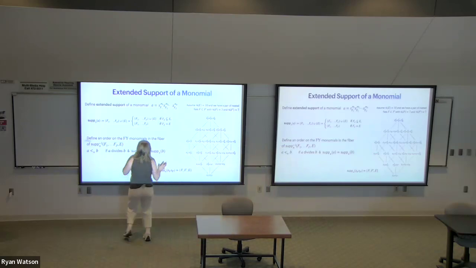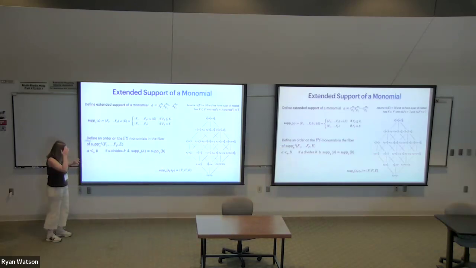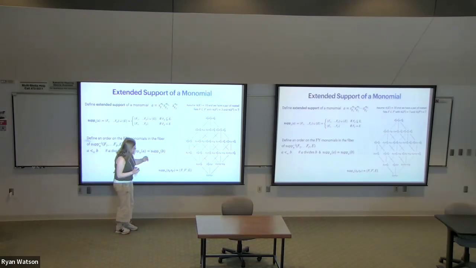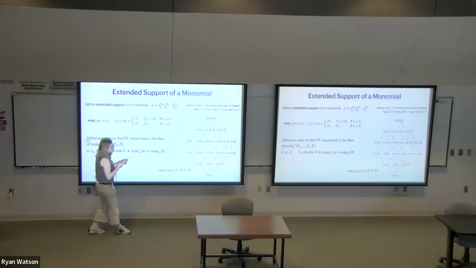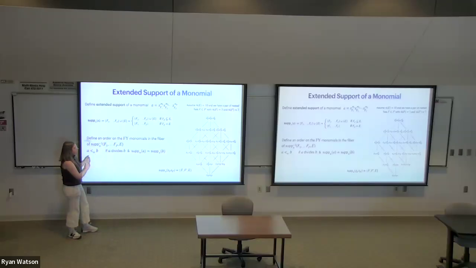One thing we may notice is that I can think of these as how much I can raise, to what degree I can raise, the variable xf in this monomial. Because of its rank, it can only go up to degree 2.